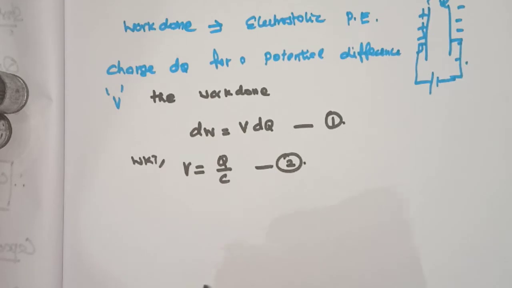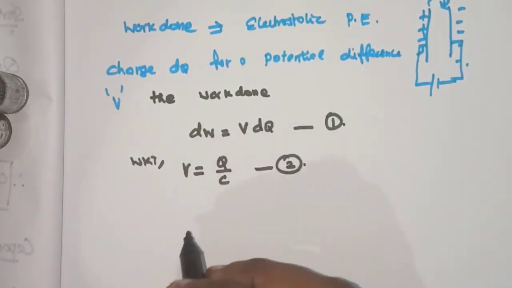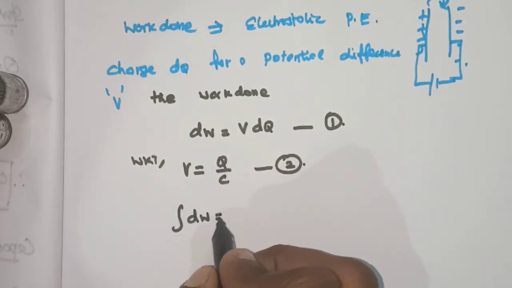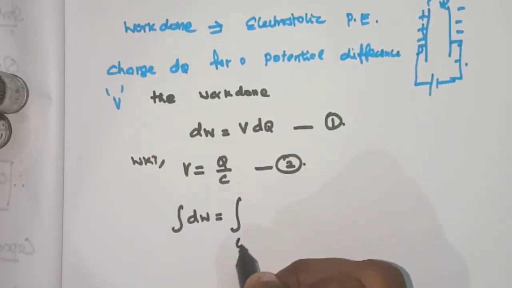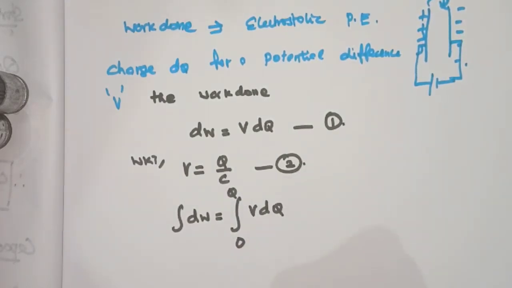So in order to calculate the work done, I am going to integrate this equation. Therefore integral dW equals integral from 0 to q of V dq.